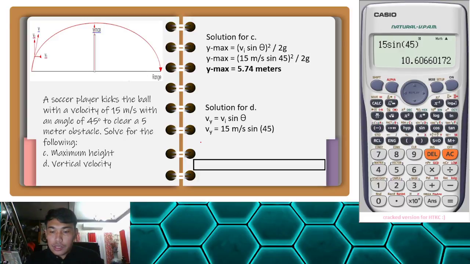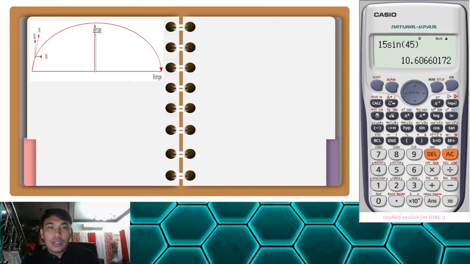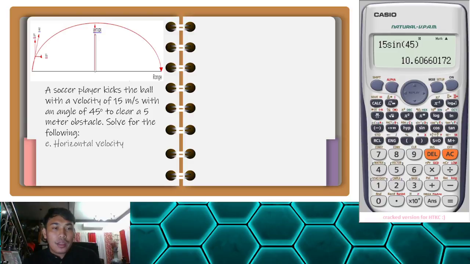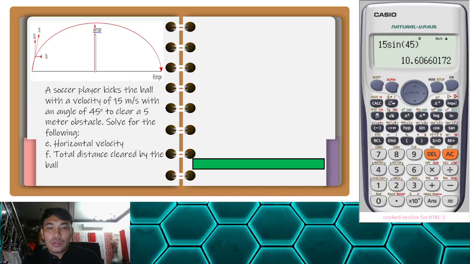So we solved the vertical velocity, which is 10.61. Okay, so let's move on to the next, which is the horizontal velocity and the total distance cleared by the ball. Timer starts now. So guys, please try to solve this one.